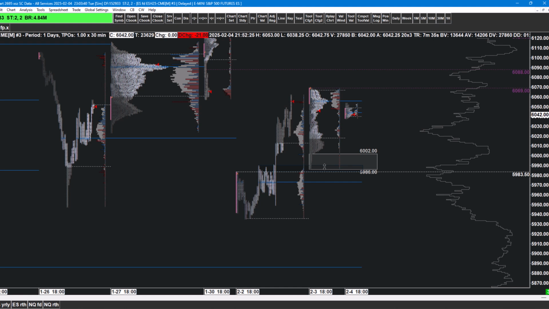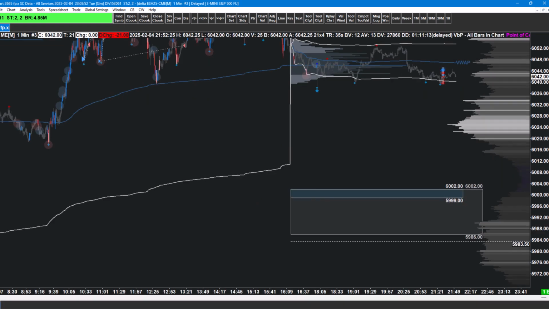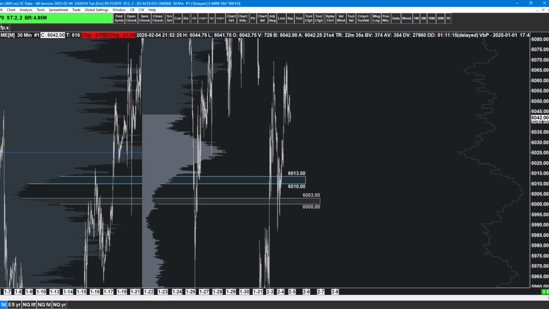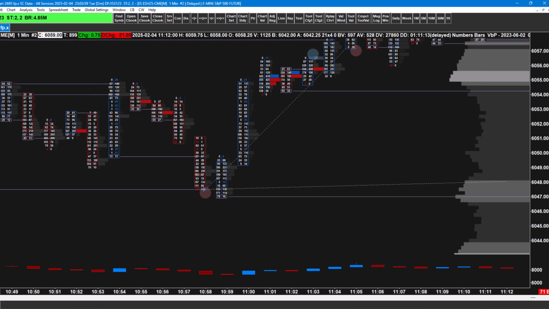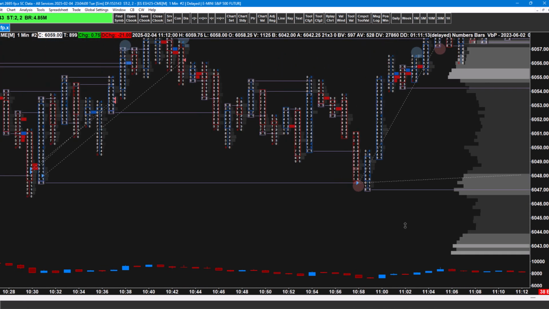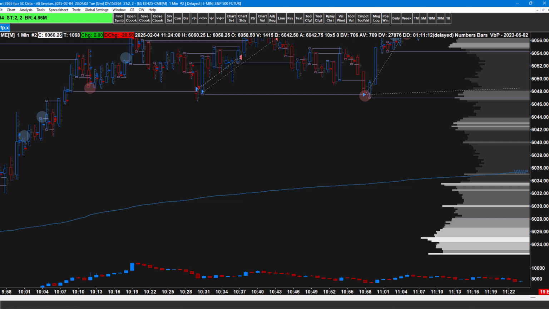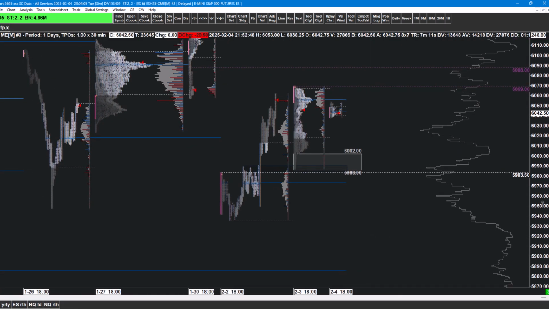We have a lot of buyers we know came in here. So all 3 of my things that I look for in a level are all here. I still have yet to look at the footprint to see if there's anything, but the levels look good right there, right?